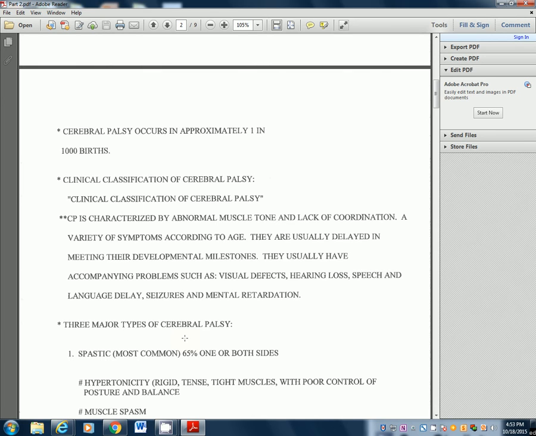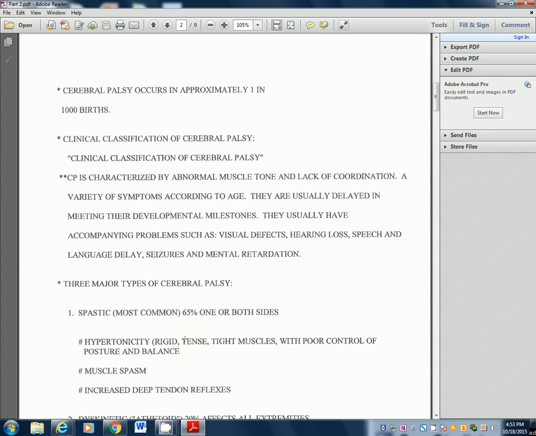Clinical classification of CP, if you look in your book on page 1092, it goes over the clinical classification of cerebral palsy, or CP. You've got the spastic type, you've got the dyskinetic type, the ataxic, and the mixed type.